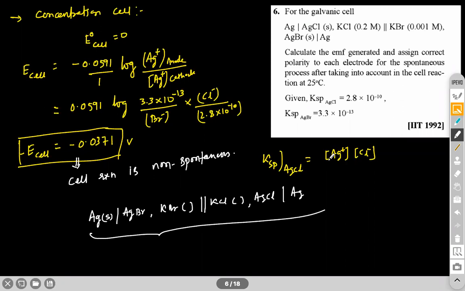Means Ag to AgCl, this part should be the cathode and this part should be the anode, then E cell will be positive. That's what the question is, to assign correct polarity to each electrode. Polarity means what? What should be the charge on the electrode, positive or negative? Means if you find out whether it is anode or cathode, you can see the charge on it, right?